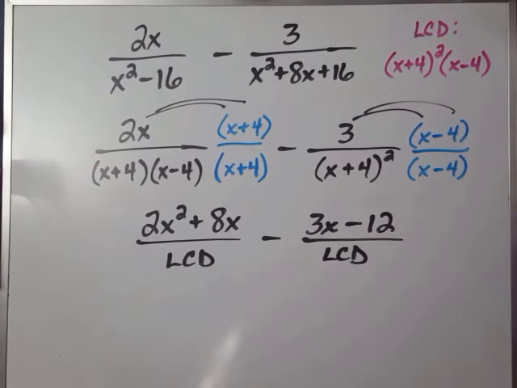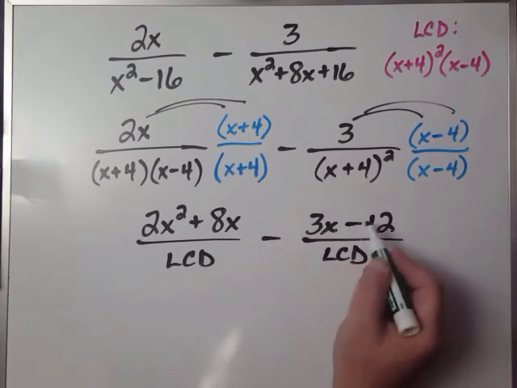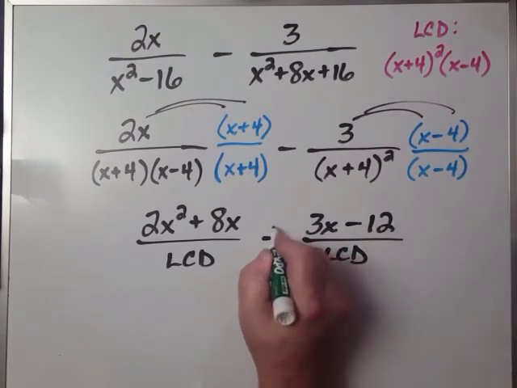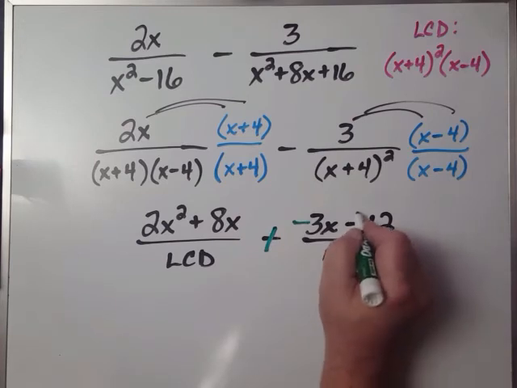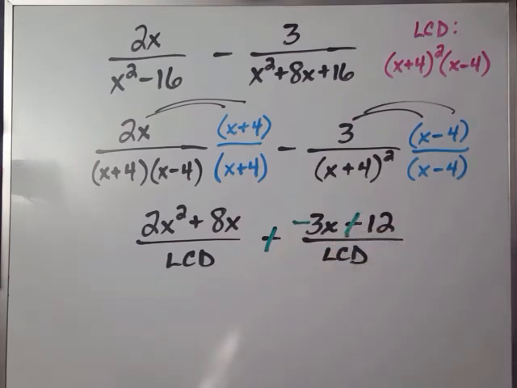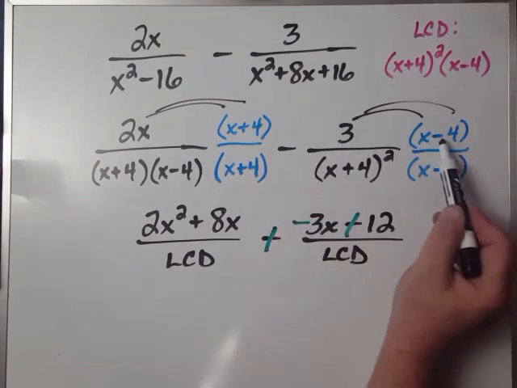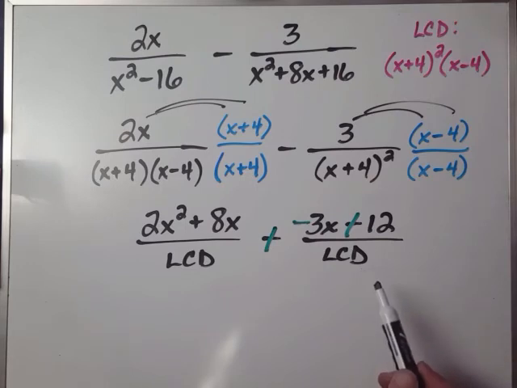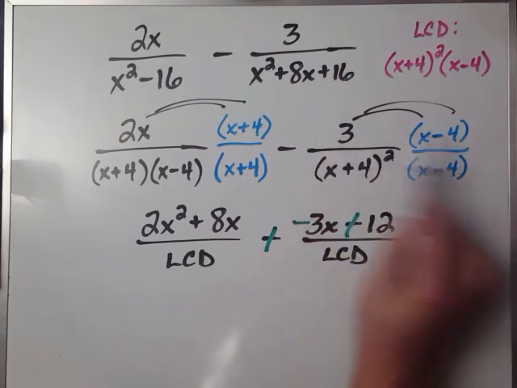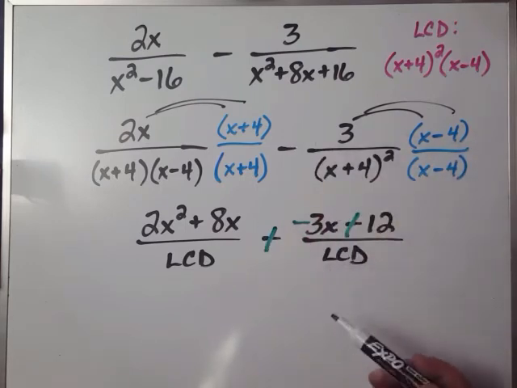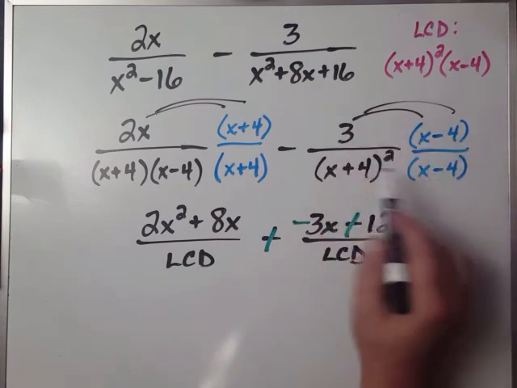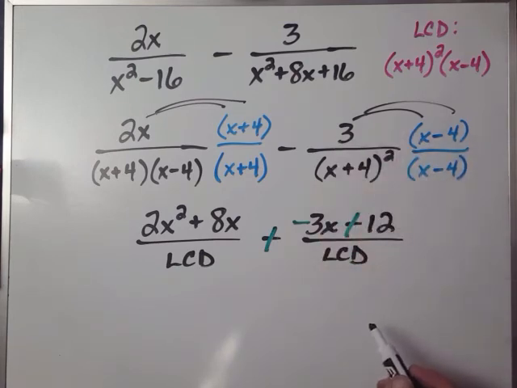To keep myself out of trouble, I am going to give this negative to that second numerator. Let me distribute this negative through that second numerator, which, if I'd been paying attention, I could have distributed the negative 3 and already had that part done. But let's not take too big of bites. Little steps, little pieces, and that'll keep us out of trouble.